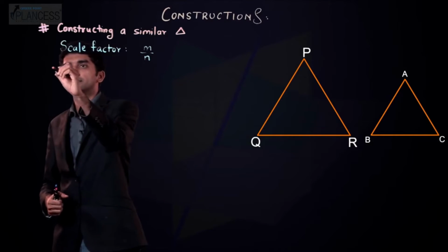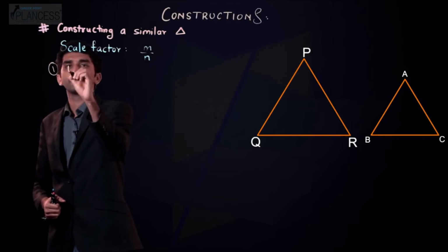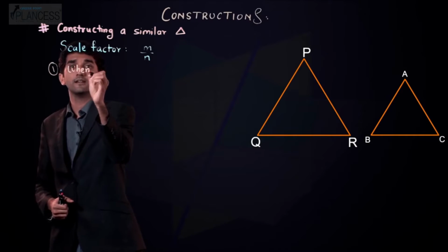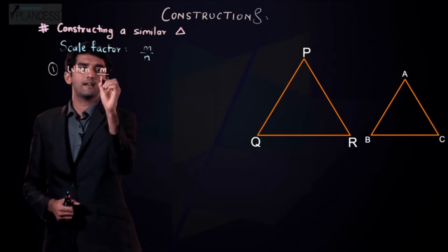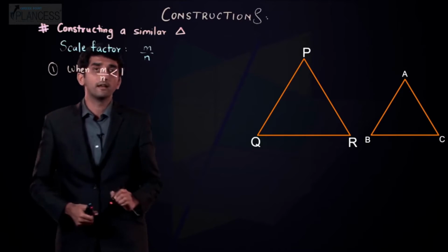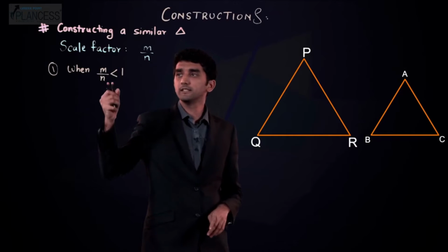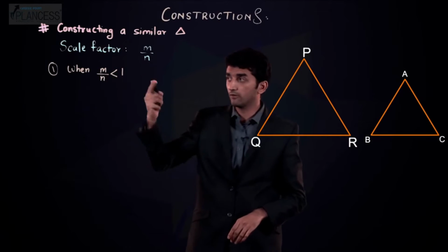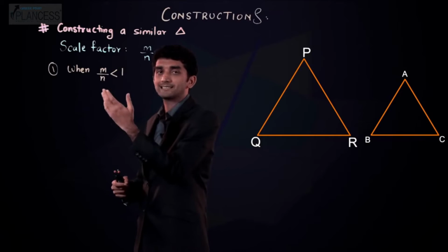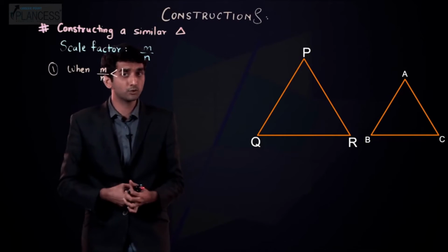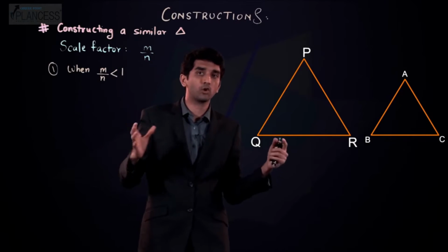Now, the first thing that we are going to learn in this section of constructing a similar triangle is when the scale factor is less than 1. So basically, when M upon N is less than 1, that means the new triangle, which is always the numerator, is going to be smaller as compared to the original triangle. So first we are going to learn about contraction.